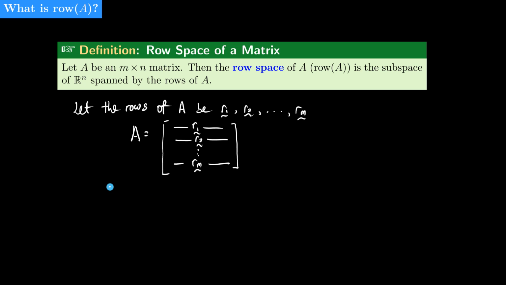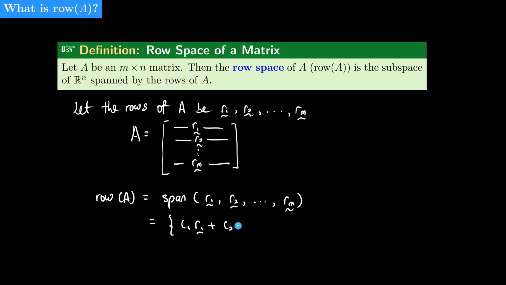Alright, so we can then write down the row space of A is equal to the span of the rows R1, R2, all the way to Rm, which is given by the set of vectors C1 R1 plus C2 R2, all the way to Cm Rm, such that C1, C2, all the way to Cm are real numbers.